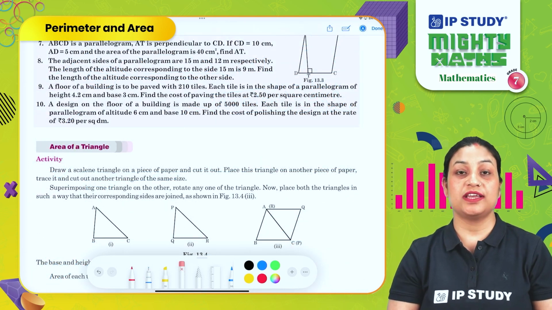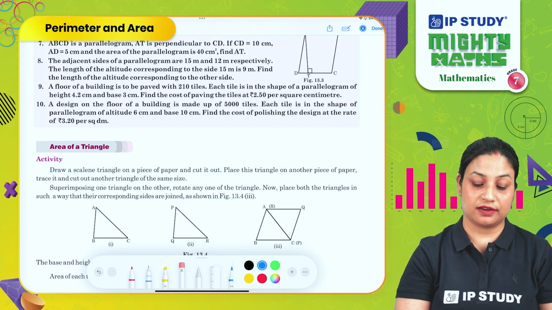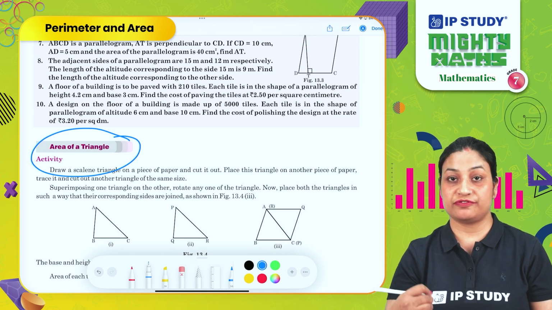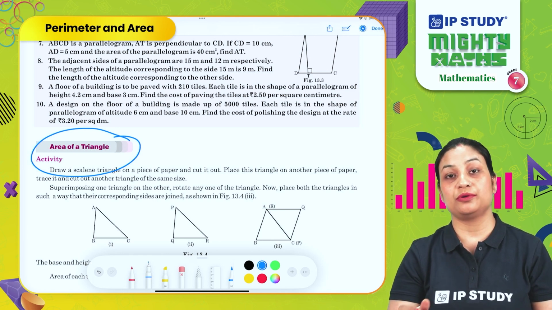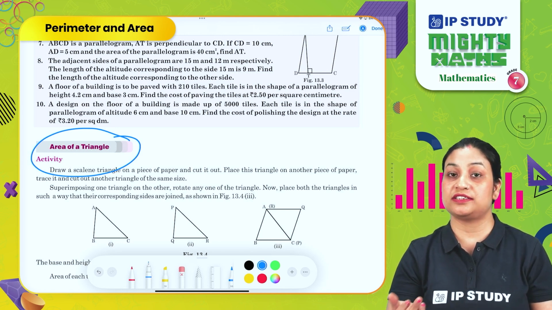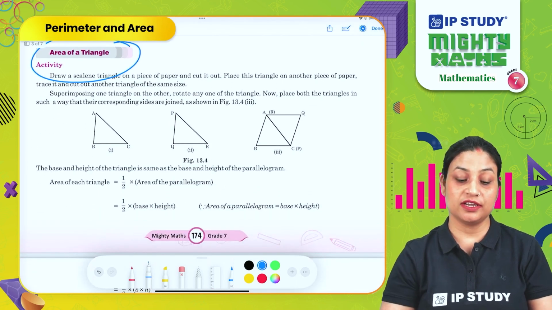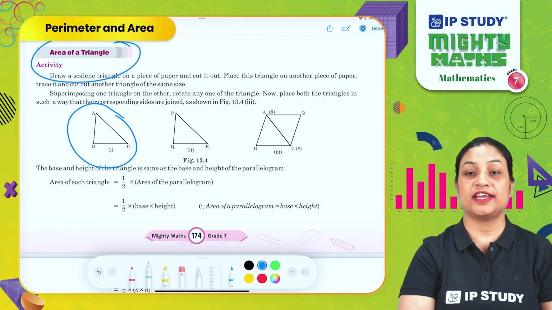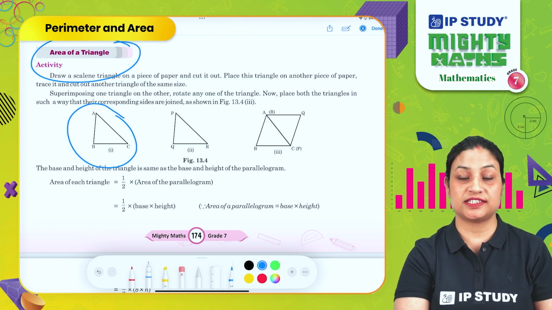So the next topic is area of triangle. Again, before I directly jump to the formula of area of triangle, let me show you how to derive that formula through an activity. So let's do this activity. First of all, draw a scalene triangle ABC, right?